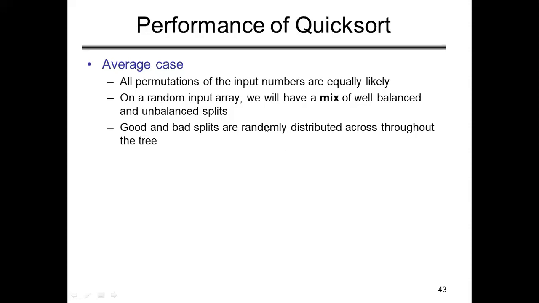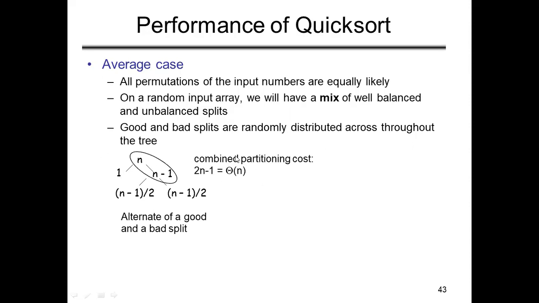Okay, this is about the average case. So n minus 1 divided into 2 halves is a good case. Dividing n into 1 element and n minus 1 elements is a bad case. So the combined partitioning cost is n plus n minus 1, which is 2n minus 1, equal to theta of n.